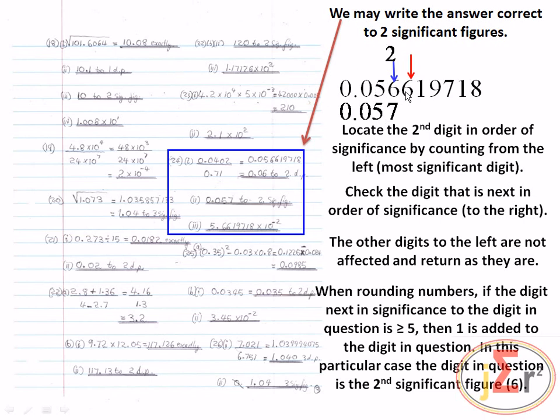The one next in order of significance is 6. Because it is greater than 5, if it were equal to 5, we would have done the same thing. Because it is greater than 5, we add 1 to this one. That gives us 7. And the other digits return as they are.